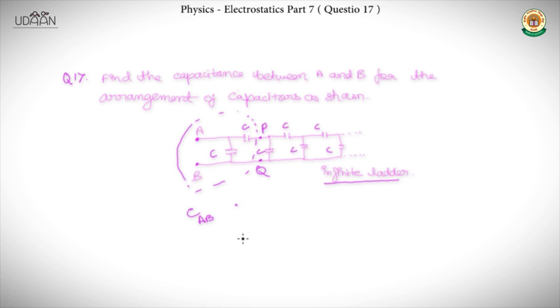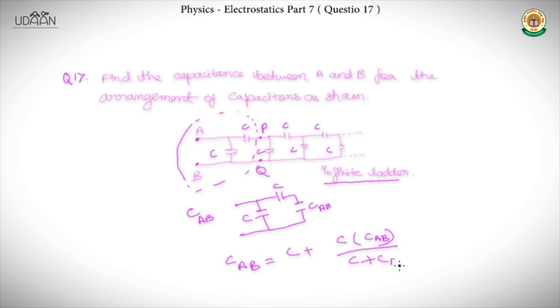So using this, I can write CAB as in this. I can draw a diagram like this. This is C. This is C. And I can write this as CAB. Now, using series parallel combinations, I can write CAB is equal to C plus C into CAB by C plus CAB.